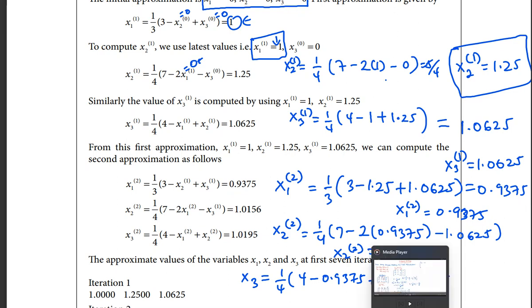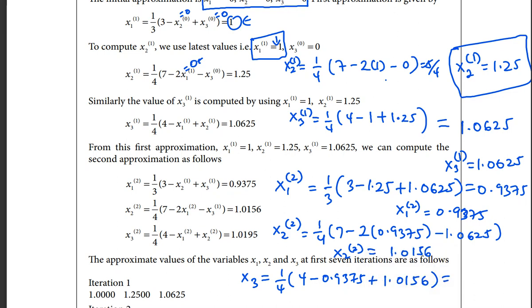So now we're going to have 1 over 4 multiplying 4 minus 0.9375 plus 1.0156. This will also give us a value of 1.0195. So this is what you are going to get.